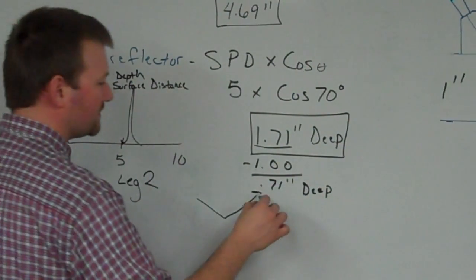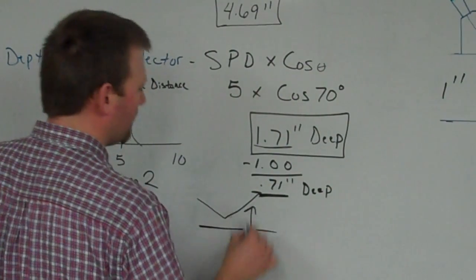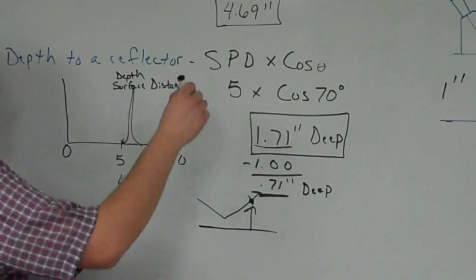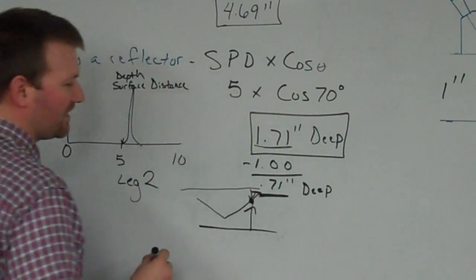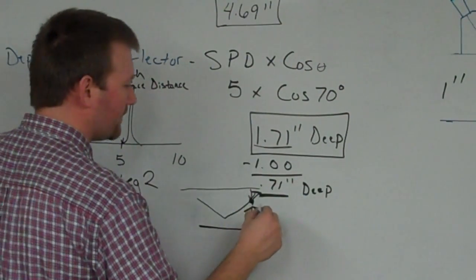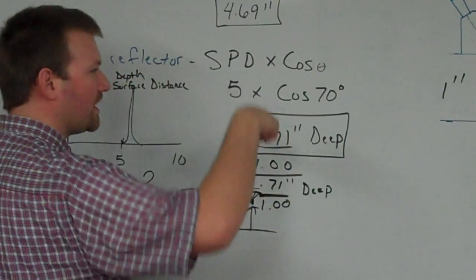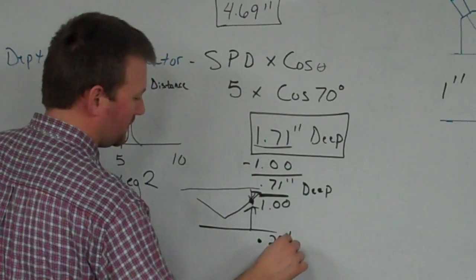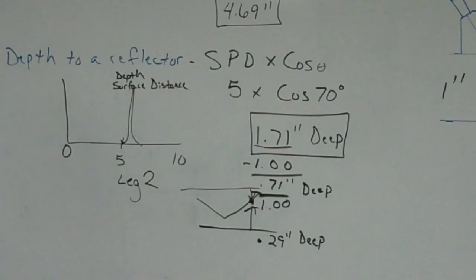So this 0.71 is from the bottom of the plate up to that reflector. We want to know from the top down, so we subtract out an inch again. And that's going to tell us that from the top down, that defect is actually 0.29 inches deep. Let that soak in for just a second.